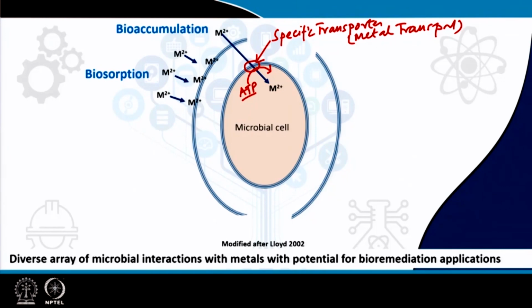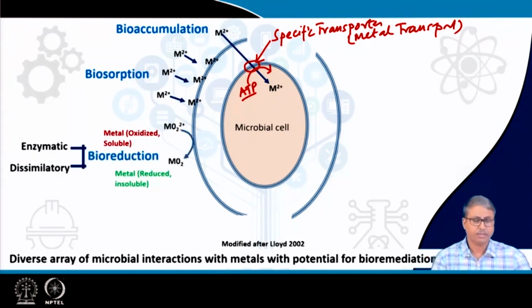All cells show these properties because of the anionic nature of the cell membrane and cell envelope, where the divalent cations find a nice place to bind on the anionic or negatively charged groups.